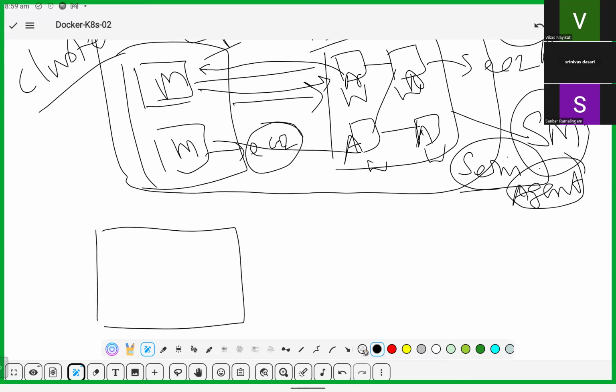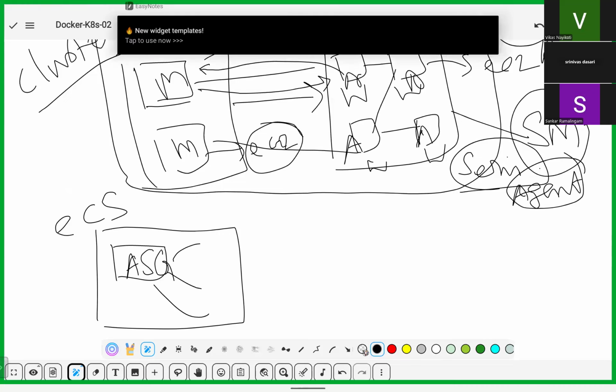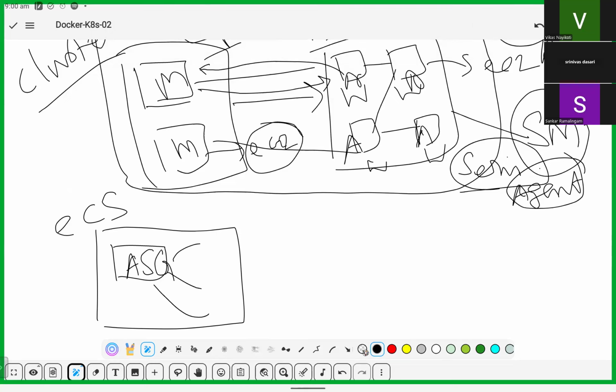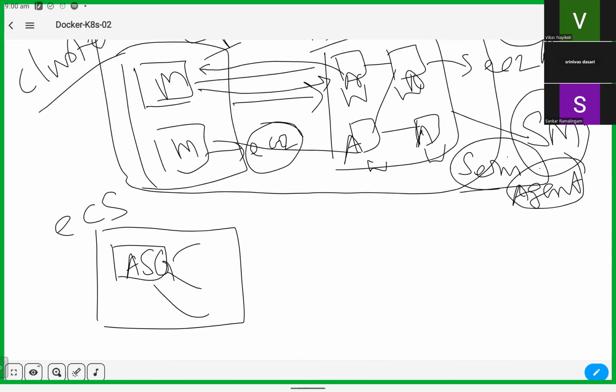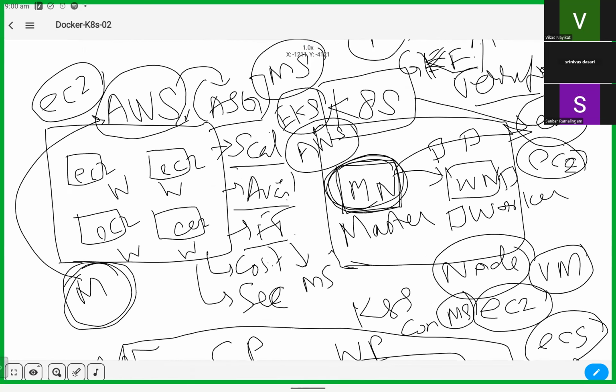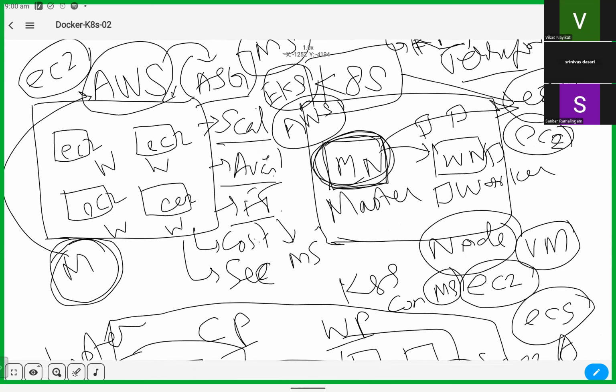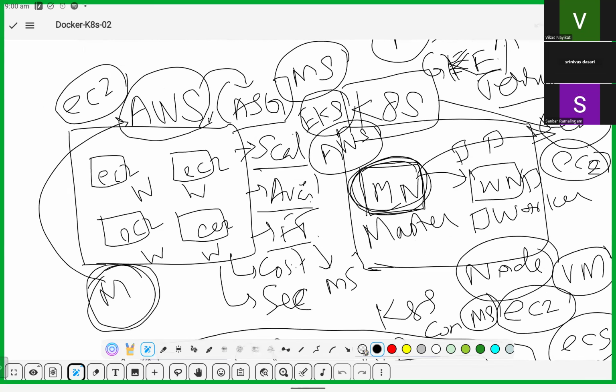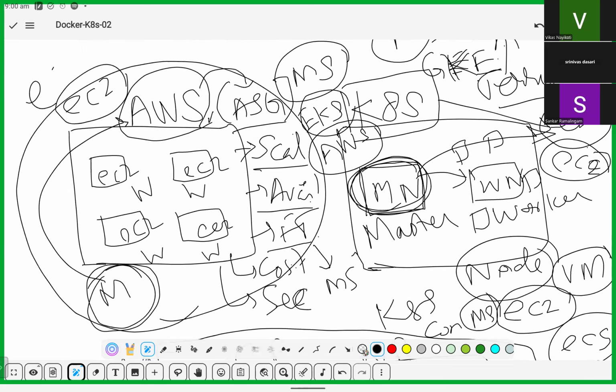Again, when we talk about ECS, there is an auto-scaling group inside. If you want to deploy ECS, on top of this, ECS comes into the picture.